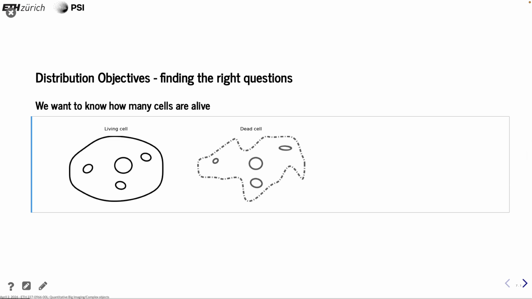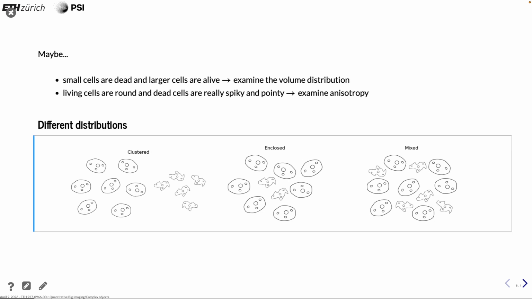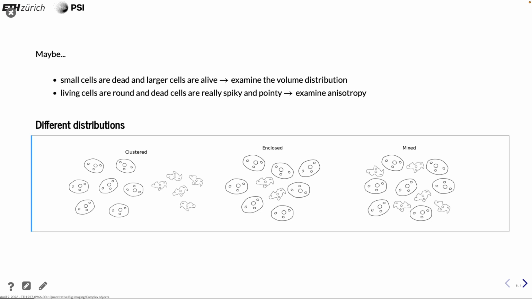Now it's a question how they are mixed. They could be clustered, with the healthy cells on one side and the dead cells on the other side. But it could also be that the dead cells are enclosed in clusters of healthy cells, or it could be a complete random mix between them. And this is what we want to identify.